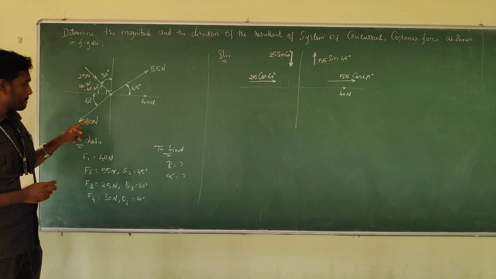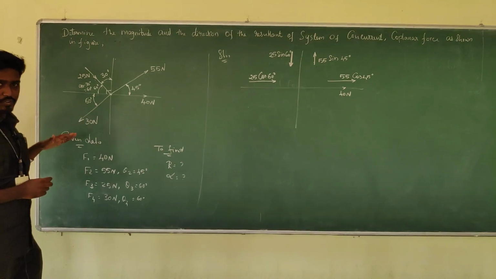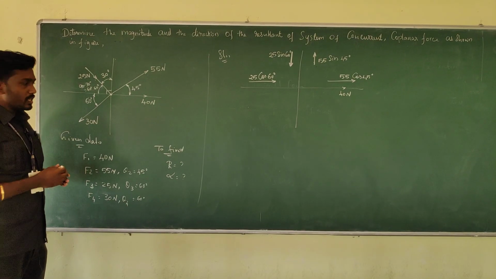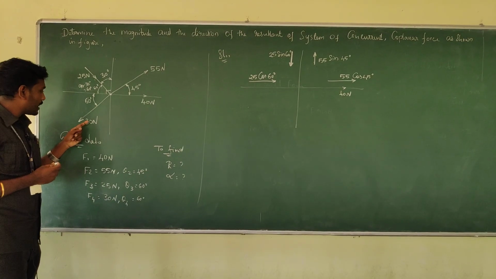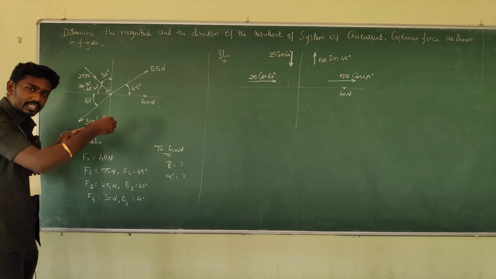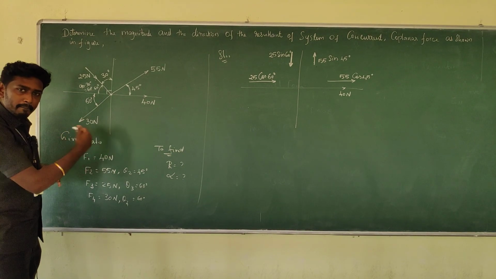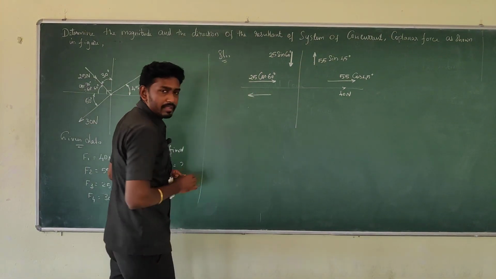Last one. 30 Newton, which is inclined in such a way, so partially horizontal, partially vertical. We can predict this force is moving vertically downwards, and horizontally towards the left. So I can put the force something like this here.